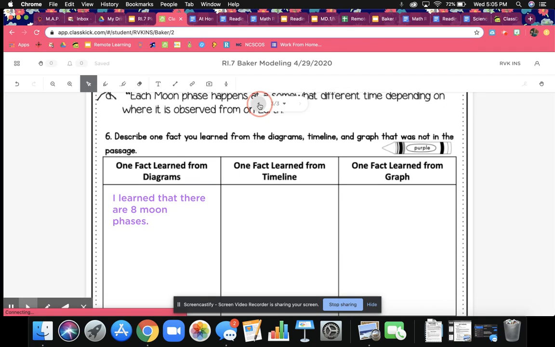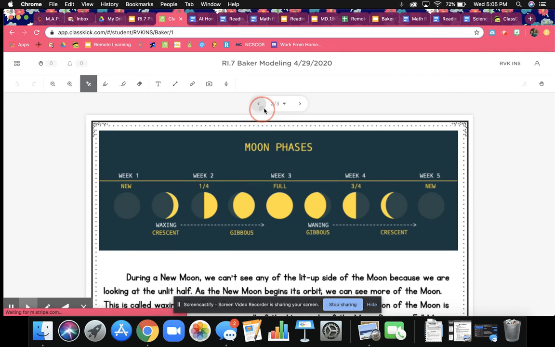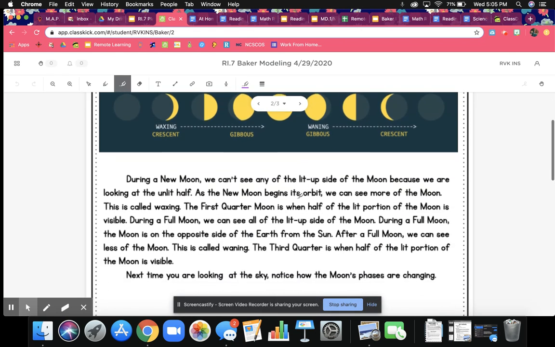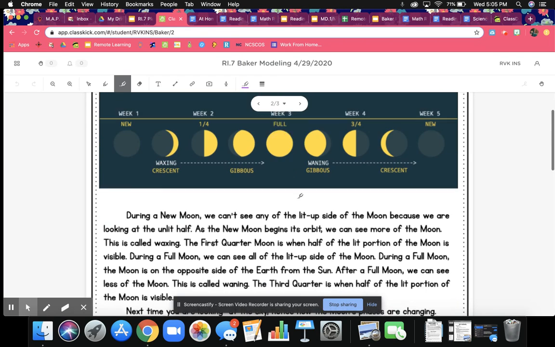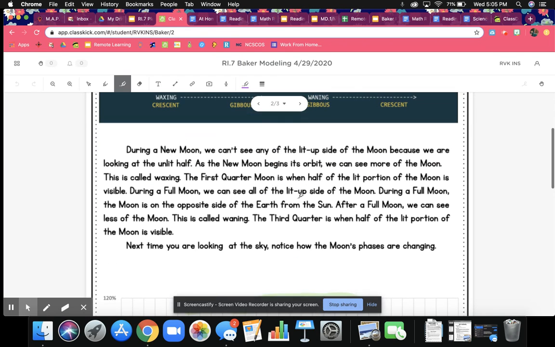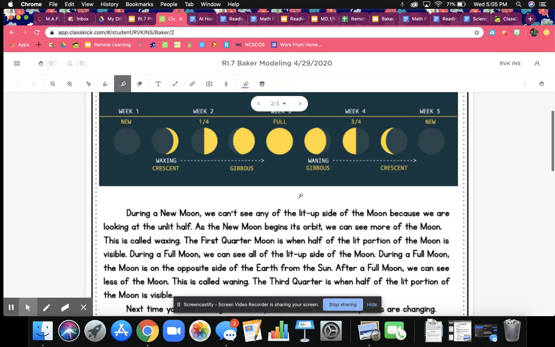One fact learned from the timeline. Here is your timeline. So one fact, I'm going to get my purple back, and I'm going to put that the moon after a full moon is the waning gibbous.